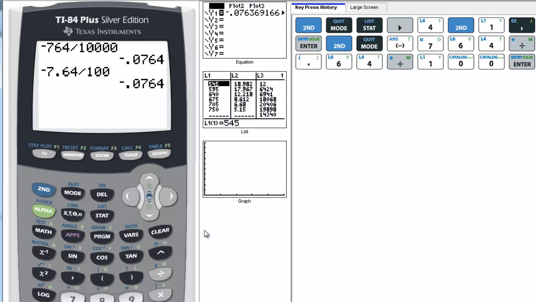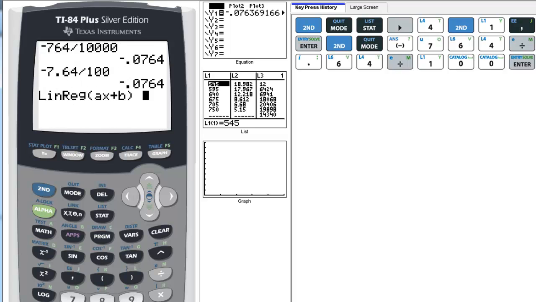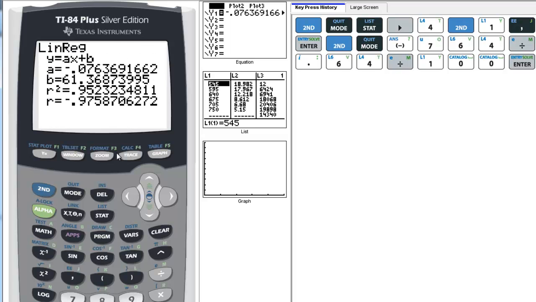Now, as far as the y-intercept is concerned, let's go back to the calculator and see that. Probably easier to just run the regression again so we can see it. So I'll go to the stat menu and I'll just use regression. It's easier than going to the y sub 1 register and pulling it up. So there's your y-intercept right there. It's 61.368.